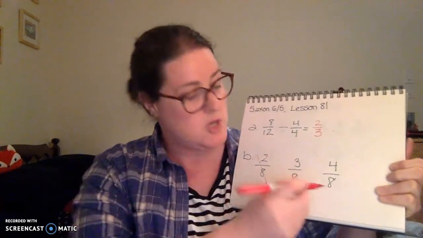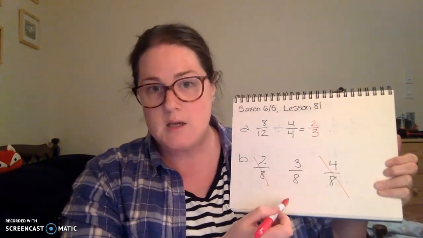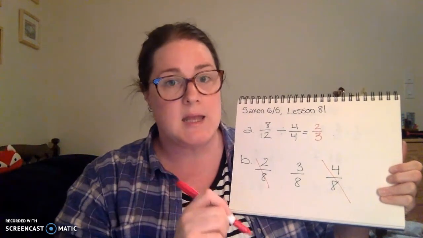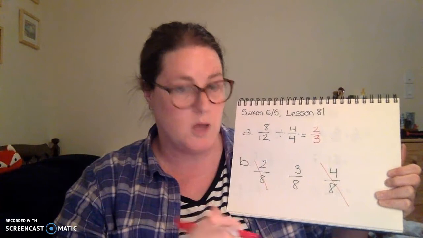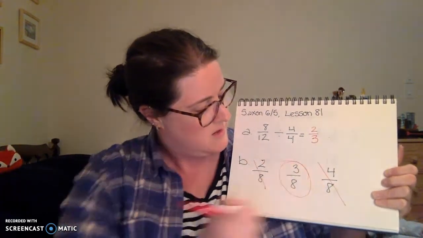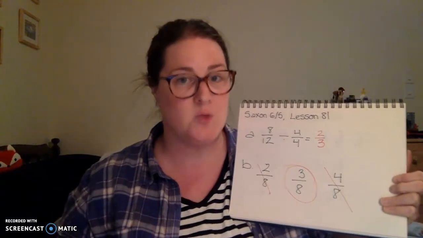Both 4 and 8 can be divided by both 2 and 4, so this fraction can be reduced. 3/8, 3 and 8 can't be divided by the same number other than 1, so this fraction can't be reduced. 3/8 is the lowest terms that this fraction can be made into.